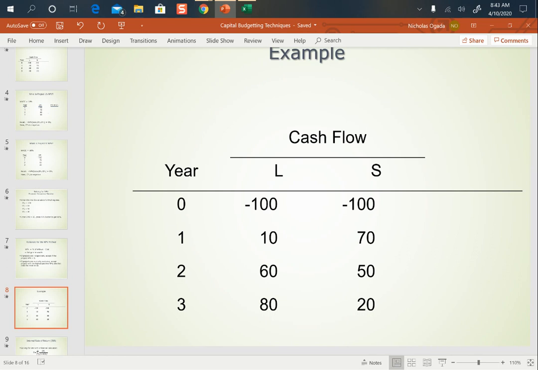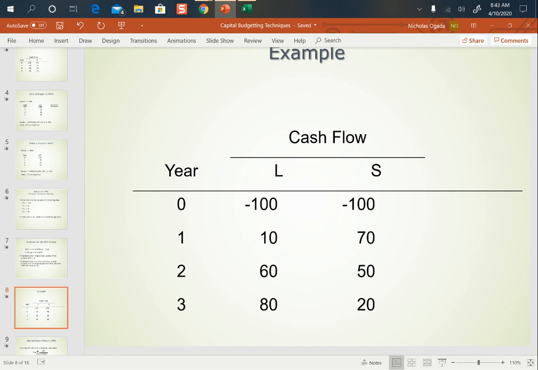So what we're trying to do when it comes to the internal rate of return is find a measure of this investment. In other words, we're looking at a return, as a percent, for this investment, where that rate makes the NPV of either project L or project S equal to zero.